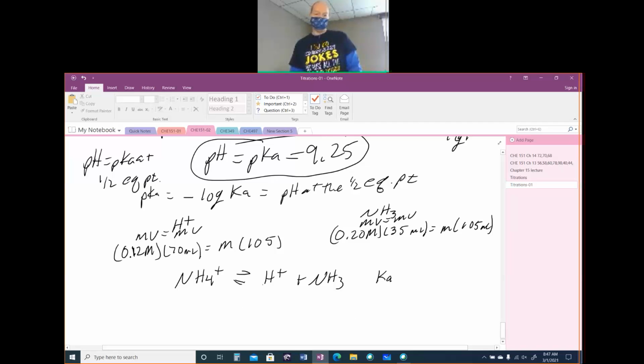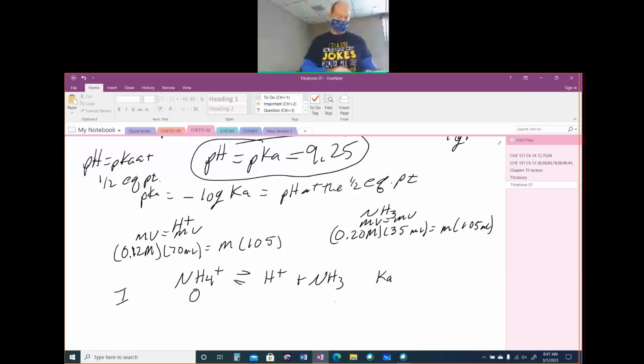All right, so we push the buttons and we get our concentrations and we put them into our initial concentration. For the NH4, we didn't add any NH4. We added 0.12 molar HCl, 70 mL. We had in our flask 0.2 molar of the NH3, 35 mL of that. When we push the buttons, we get our concentration of NH3, a repeating decimal again.